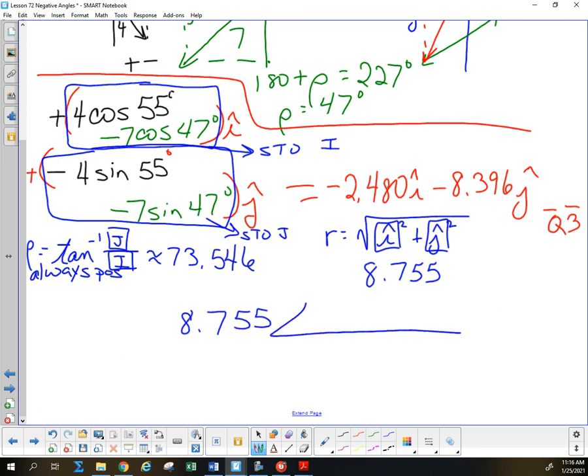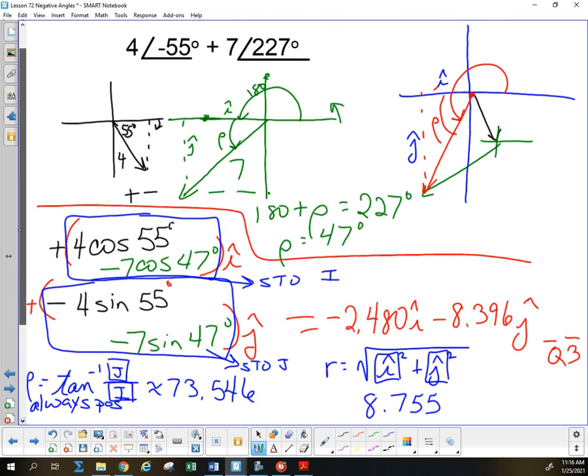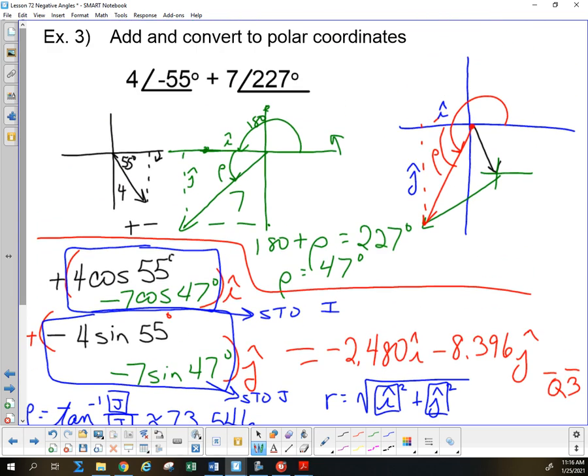So you may write down your final answer is approximately 8.755 at. But our angle isn't 73 degrees when we go all the way around here. Our angle needs to be 180 plus our reference angle to get this one that we really want, which starts at the positive x or i hat axis and goes all the way around to where we end up.